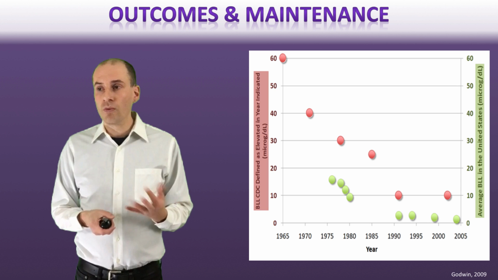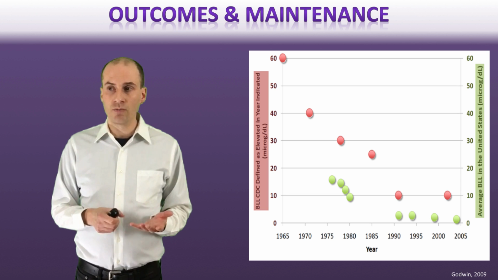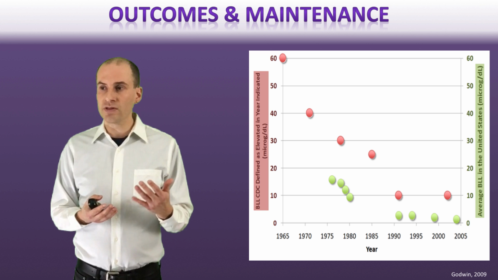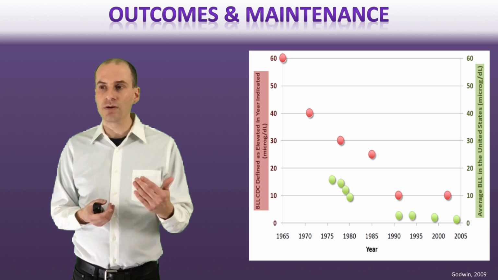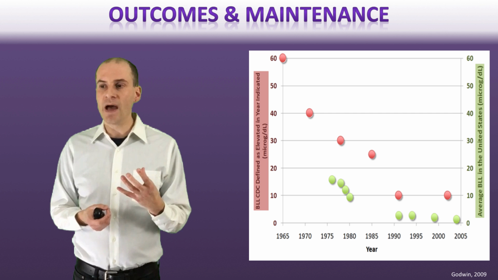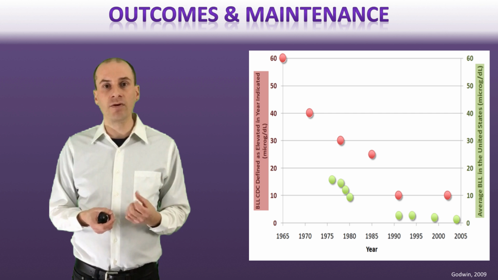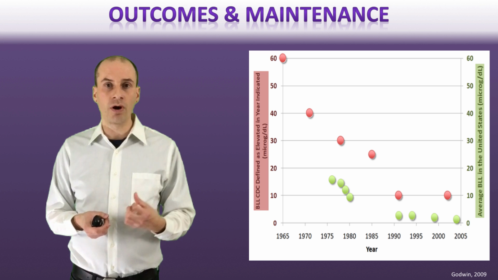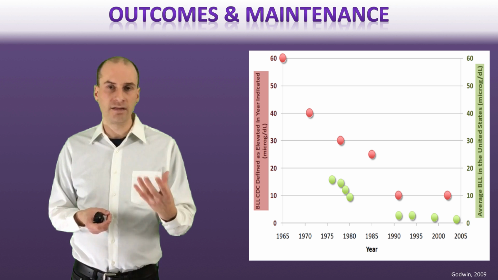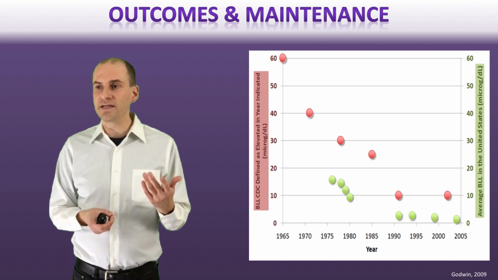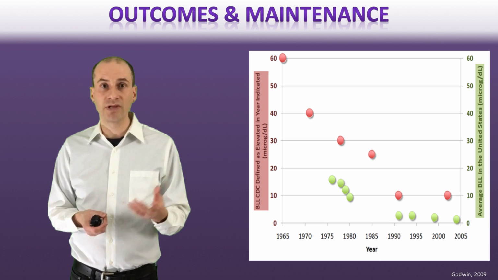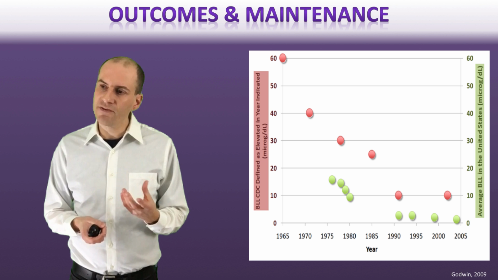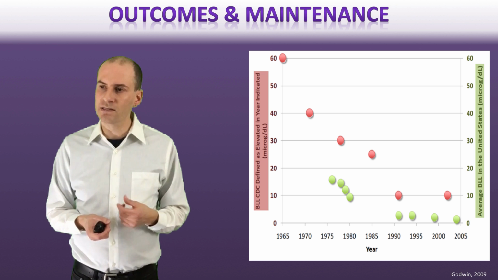Now, what impacts did that have? Well, we see a few different things. One, we see a difference over time, in red, in the blood level that was legally allowed for lead in the blood. All right, in 1965, that was actually really high, about 60 micrograms per deciliter.